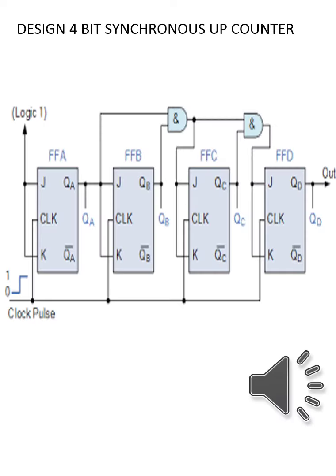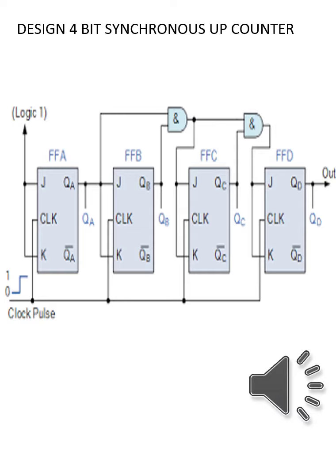So this is the diagram of the synchronous up counter. As I already mentioned, by using J and K as 2 inputs, I can use T as a single input. That is the only difference between JK and T flip-flop. When J and K are shorted, we get the T. Here for the first flip-flop, J and K are connected to 1, and for flip-flop B, J and K are connected to QA.